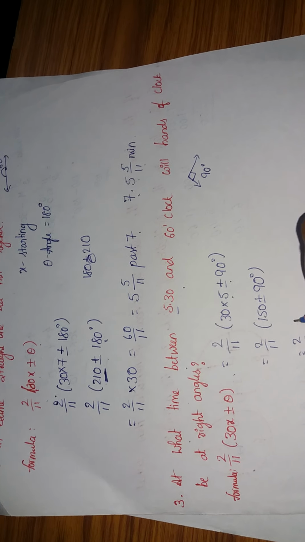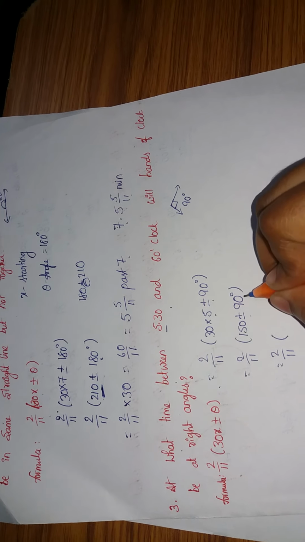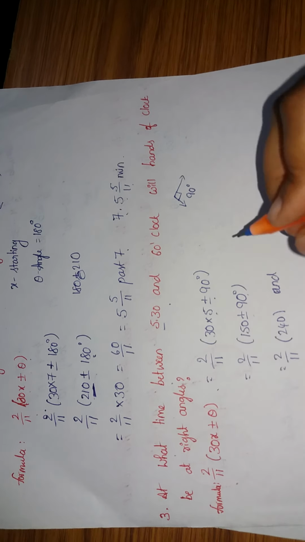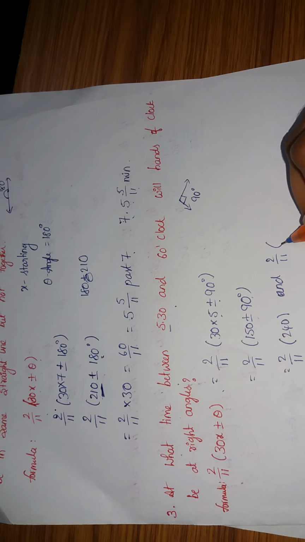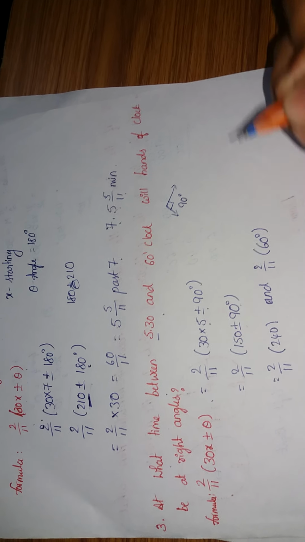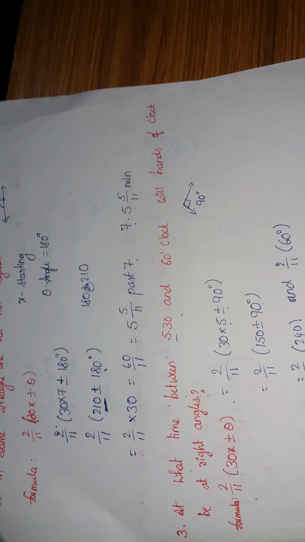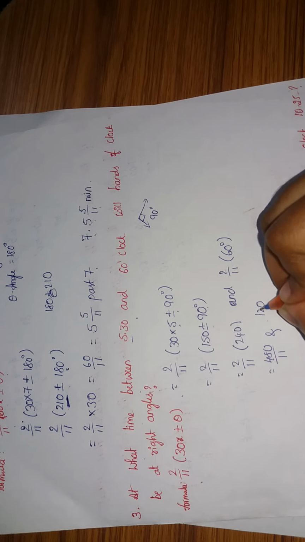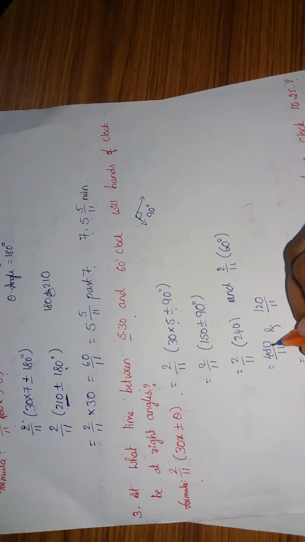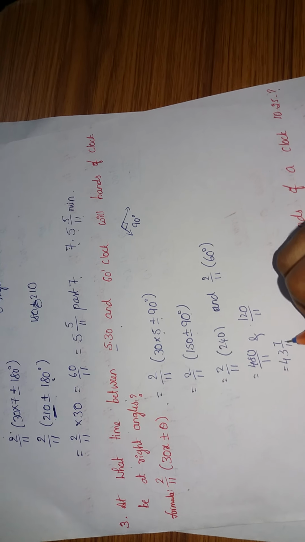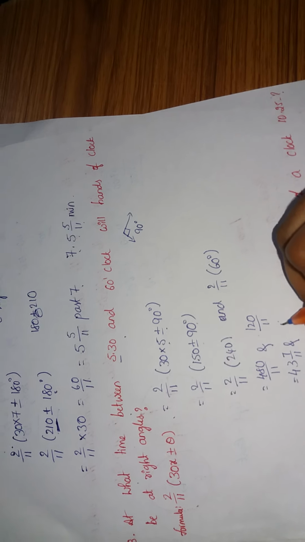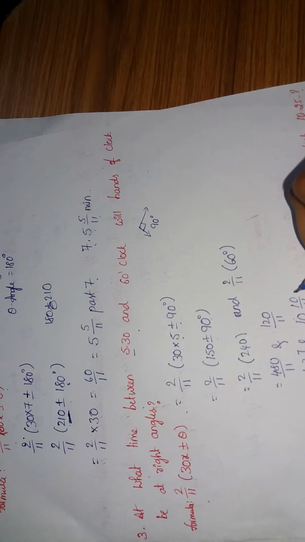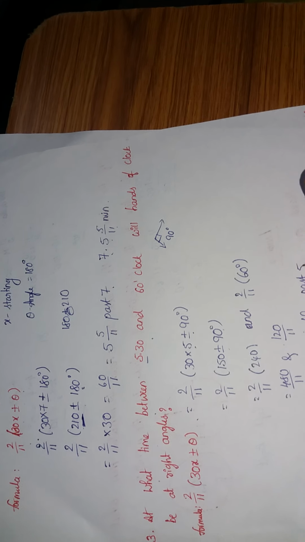So 2 by 11 into 150 plus 90 gives 240, and 2 by 11 into 150 minus 90 gives a result of 60. That is 480 by 11 and 120 by 11. 480 by 11 gives 43 7 by 11, and 120 by 11 means 10 10 by 11 past 5.